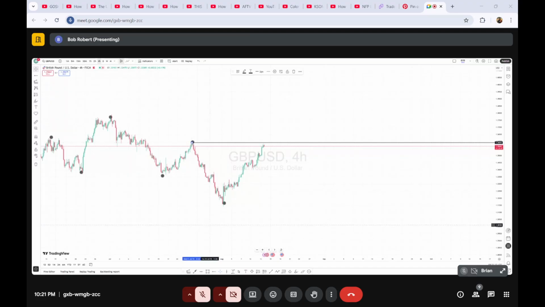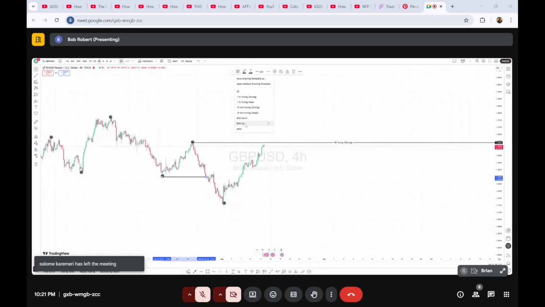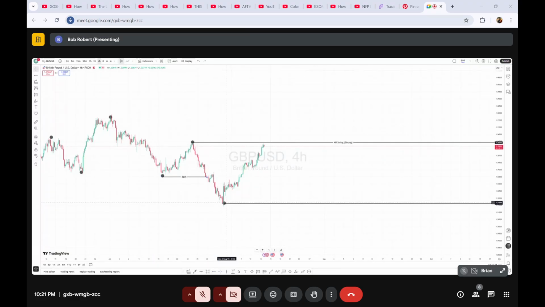Why am I calling this a swing strong? The reason is that it is this high that has given us this break of structure. This break of structure came from this point. This is the swing weak. Why? Because, let me label it.